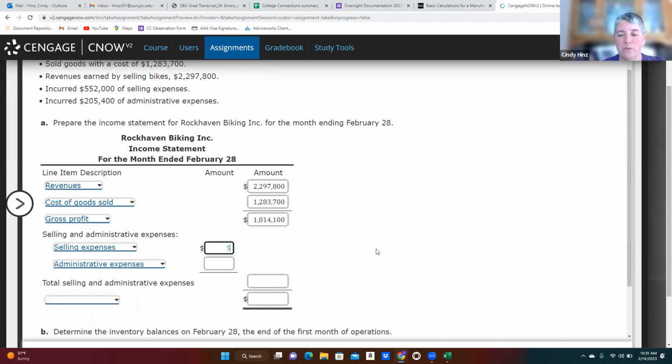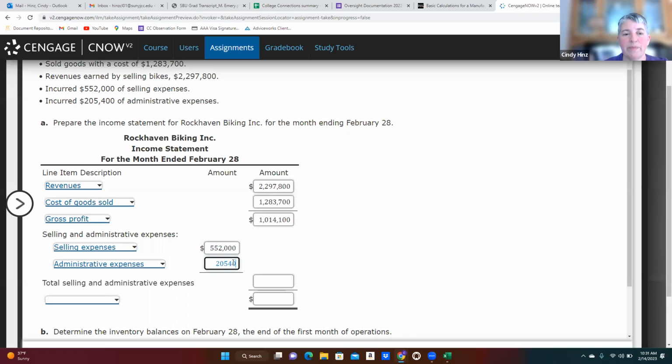Again, these are referred to as period costs. These are costs that never hit the balance sheet, and they hit the income statement in the period in which they're incurred. So unlike product costs, which stay on the balance sheet as an asset until we actually sell the product, period costs never go on the balance sheet.